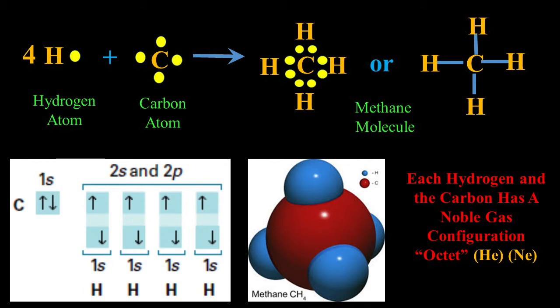And then we have methane, which is a tetrahedral molecule. Each hydrogen and the carbon has a noble gas configuration, an octet, helium for the hydrogen and neon for the carbon. So you have water, ammonia, and methane, all covalent, and gases at room temperature as well. So very different from ionic compounds.